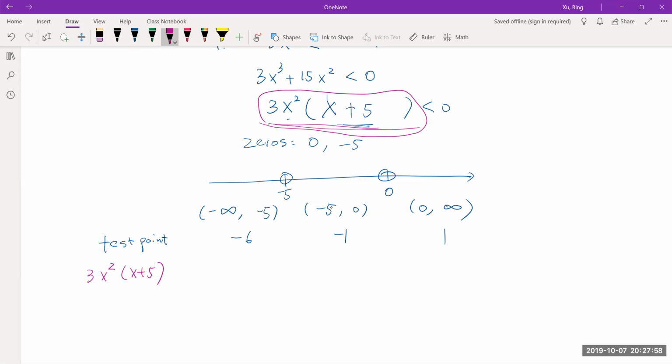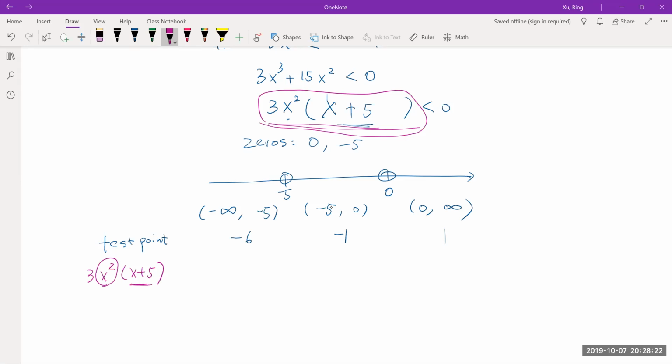If each test point will make it positive or negative. Okay, so first test for -6. Do you agree whichever number I plug in, x squared will always be positive? So I won't test over there. 3 is positive, x squared is positive. All I need to test is if x plus 5 is positive or negative, right? If it's positive, it's positive. If it's negative, it's negative.